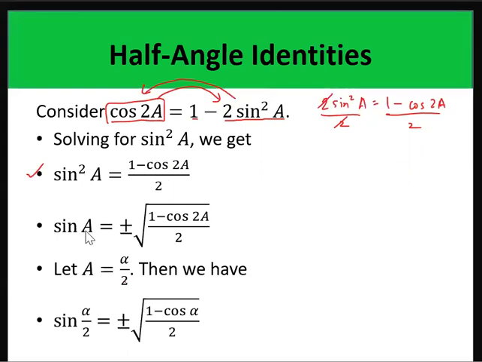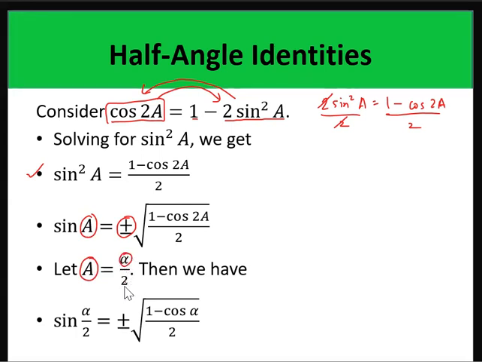Now, solving further for sine A, we make use of the square root property. So we get sine A is equal to positive negative square root of 1 minus cosine of 2 times the angle A over 2. Now, in order to achieve the half angle parameter, then we have to replace angle A by some angle alpha divided by 2.